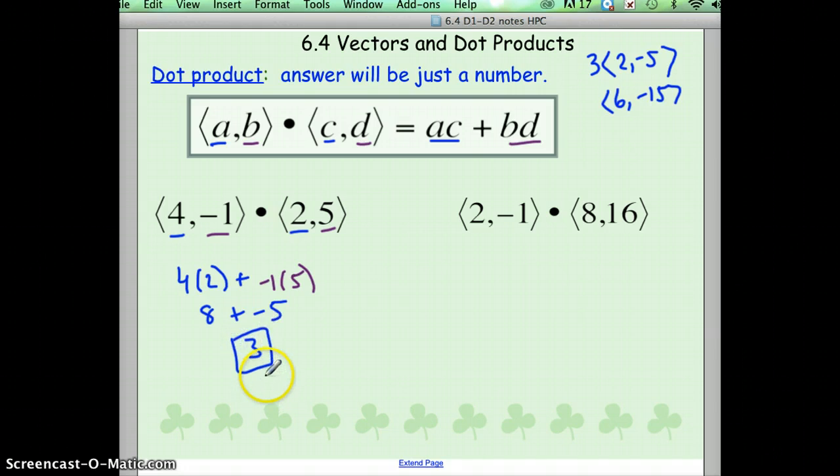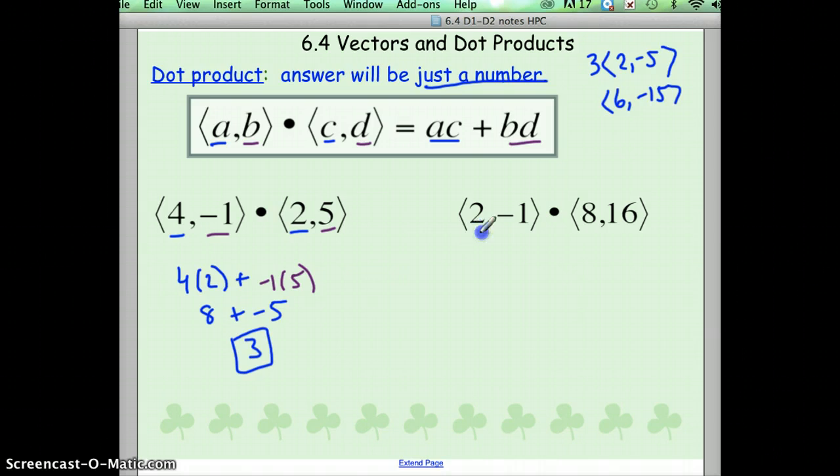See how this time I wound up with just a number, versus up here when I took a vector times a number, I got another vector. This time when I take two vectors and find the dot product, I get just a number. Your answer will be just a number.